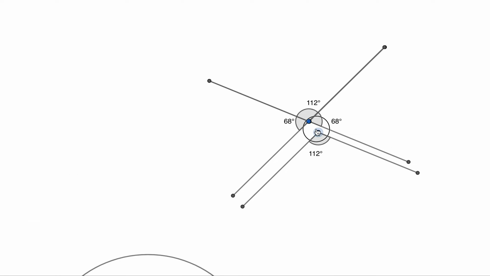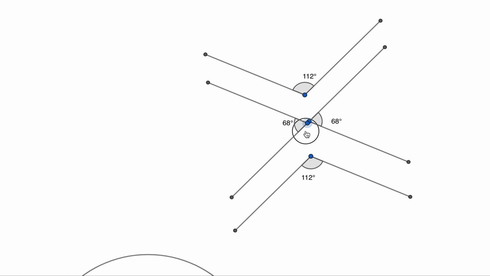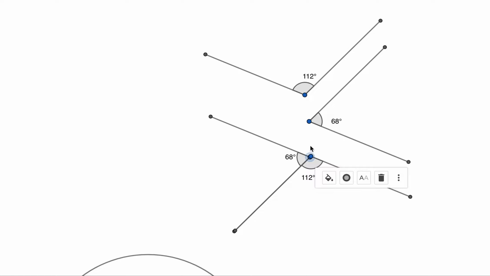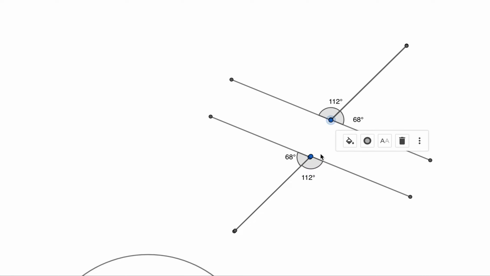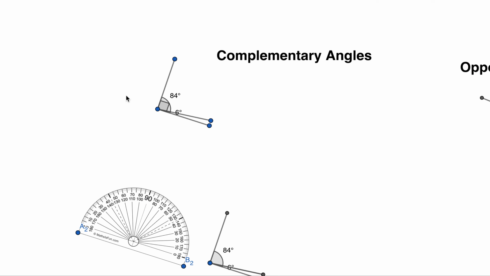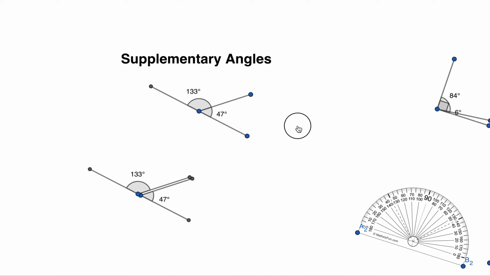And the trick is that if you look at it and break them up like this, what do you notice about these two pairs of angles? That should look like another one of our cases that we've already talked about. If we go all the way back, that looks like this, supplementary angles, right?